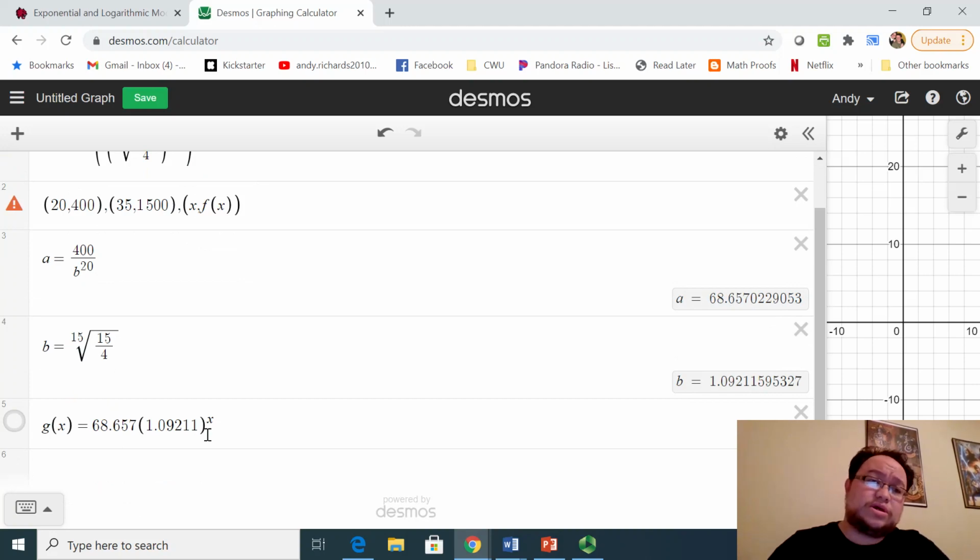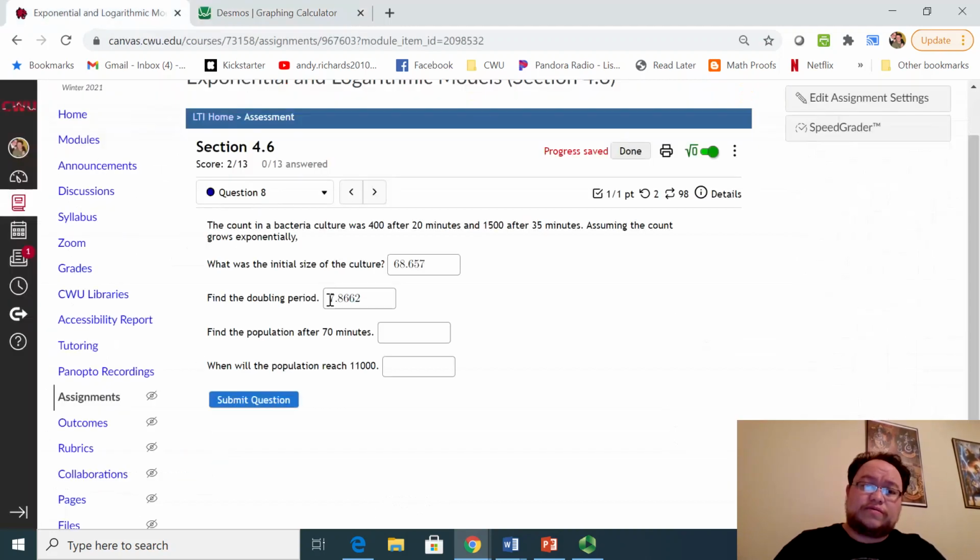What this question is going to go over is some classic scenarios when you're given some input or some output here. So in this case, our inputs are our number of minutes, and our output is how large that bacteria culture is.